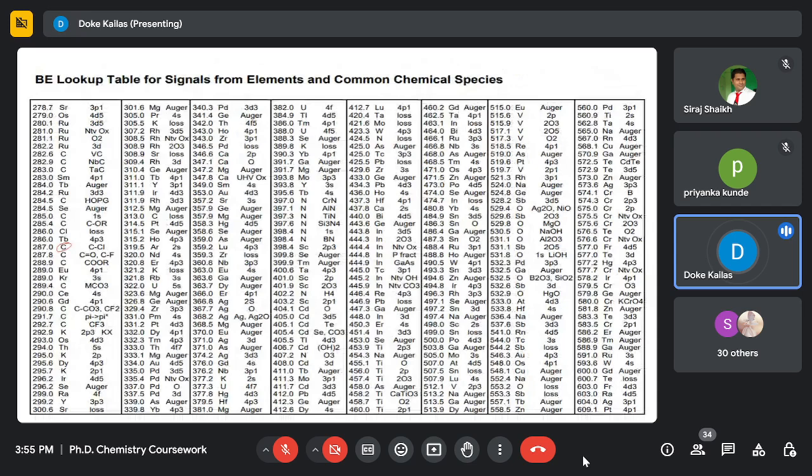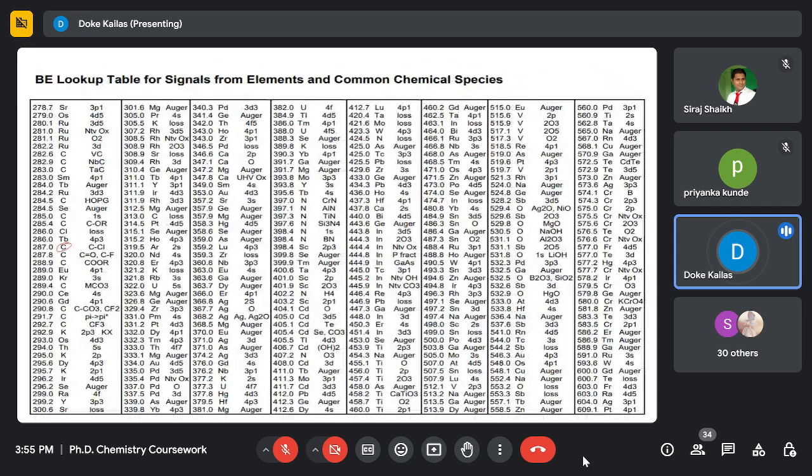Another case that I will show you is manganese: 640.9, 641, 641.6. If manganese is Mn3O4, it has a different binding energy. Manganese in manganese oxide, MnO, has a different binding energy. MnO2 has a different binding energy.